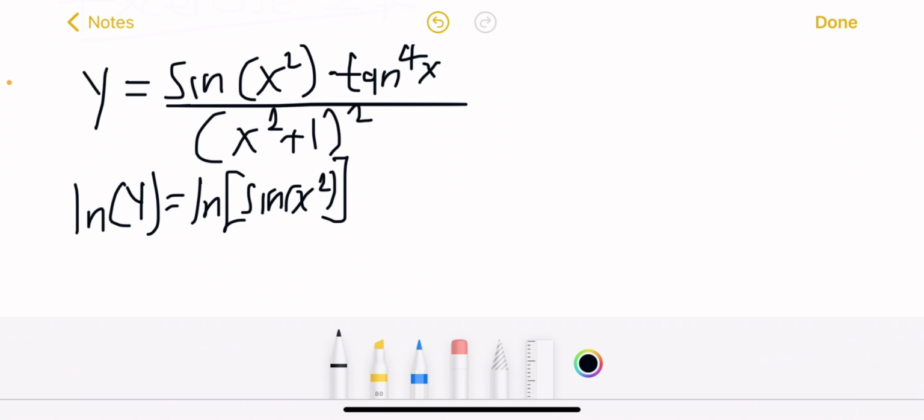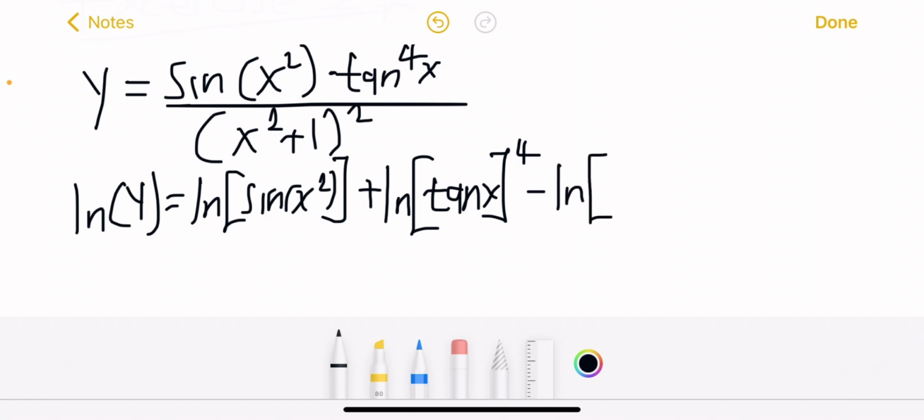And then because we have multiplication between sine and tan, we add plus ln of tan x to the 4. Now we can take out the 4th because the 4 is on top of tan, not x. And then minus, because of the division sign, ln of x squared plus 1 to the squared.